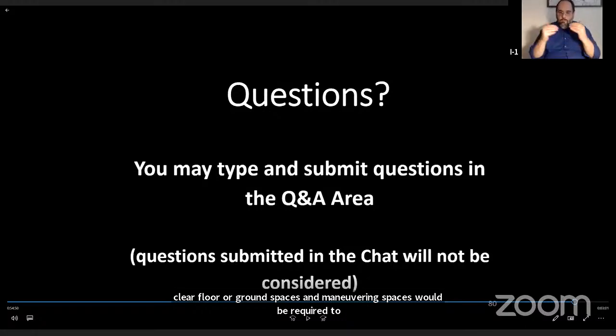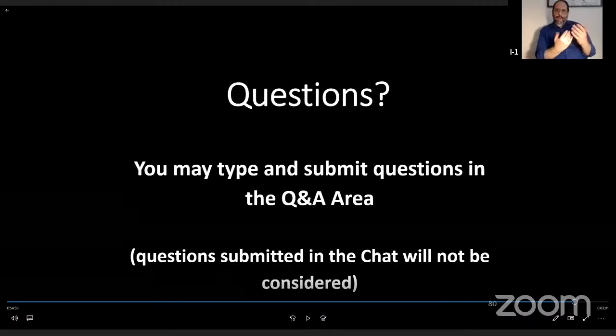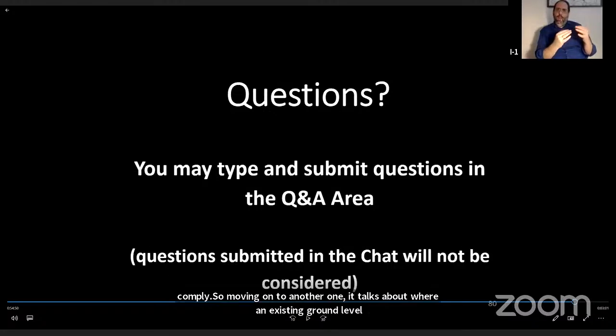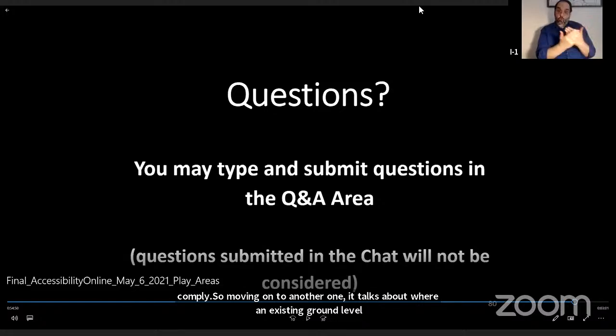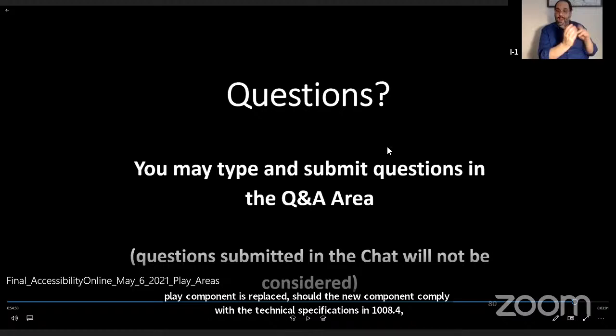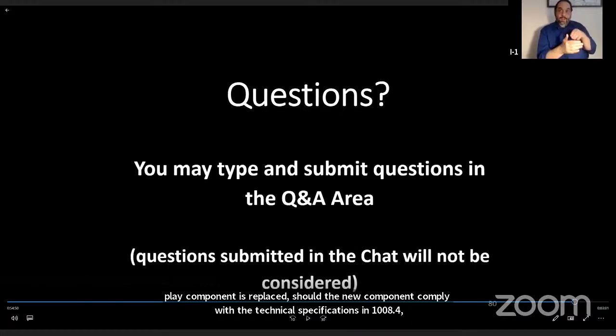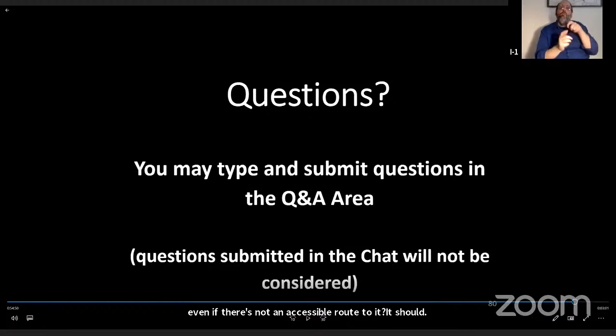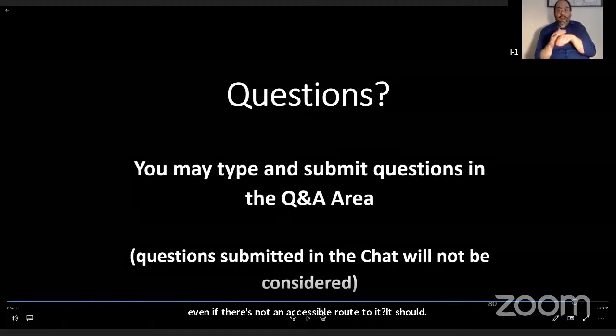Okay, so moving on to another one, it talks about where an existing ground level play component is replaced, should the new component comply with the technical specifications in 1008.4, even if there's not an accessible route to it? It should, unless the required number of accessible ground level play components are already provided.